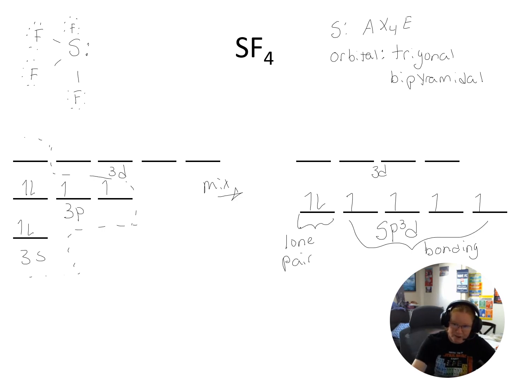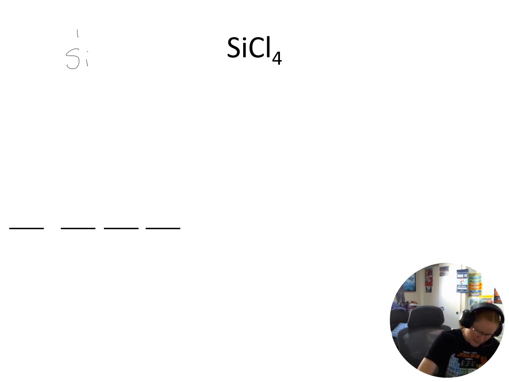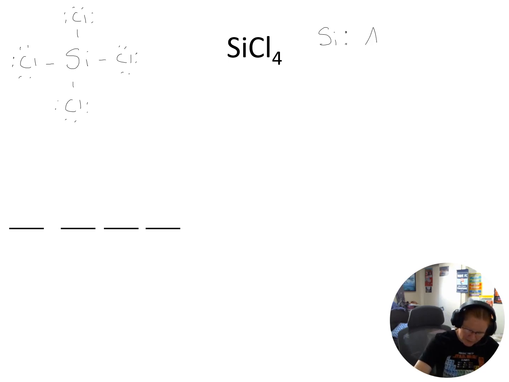All right, here's the next one to try. So again, pause, try it, then unpause. All right, let's see how you did. So we'll draw that Lewis structure. Okay, so silicon, our geometry, I have my central, and I have 4 surrounding.